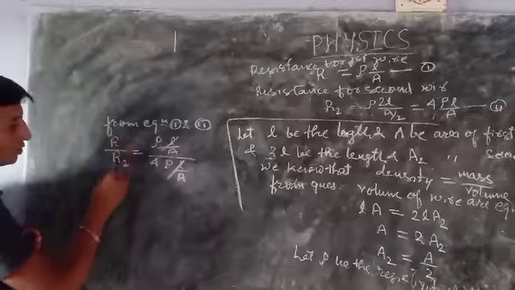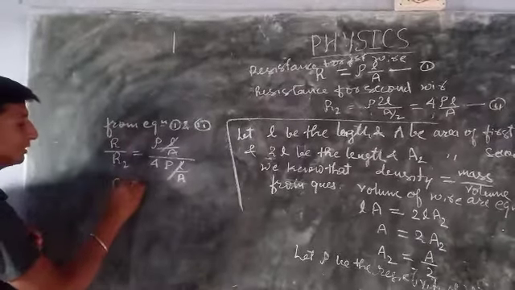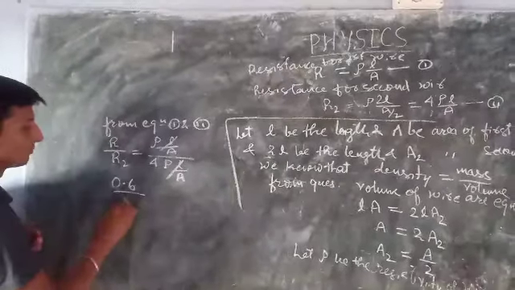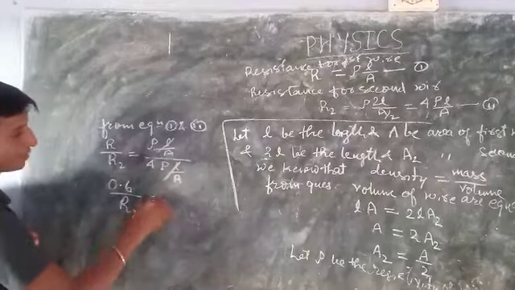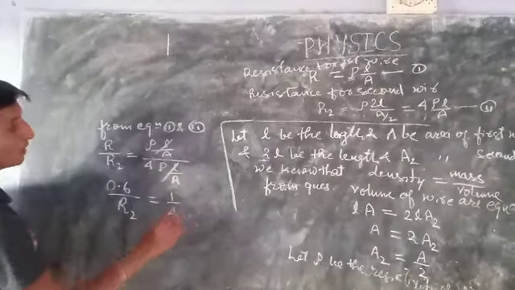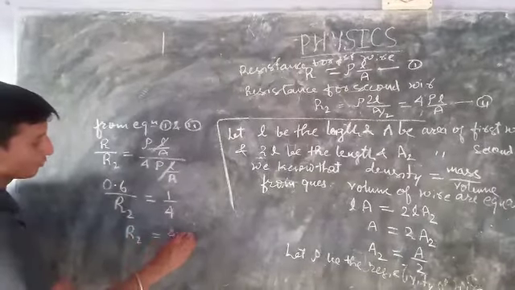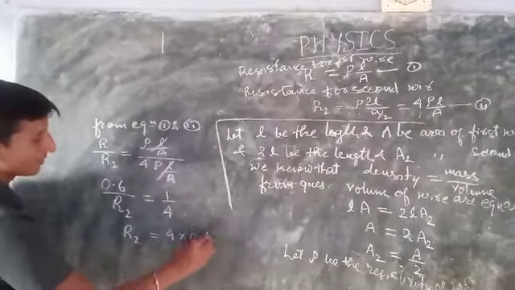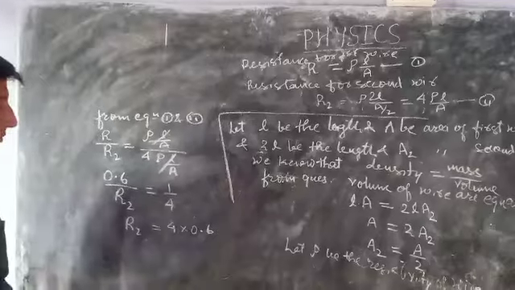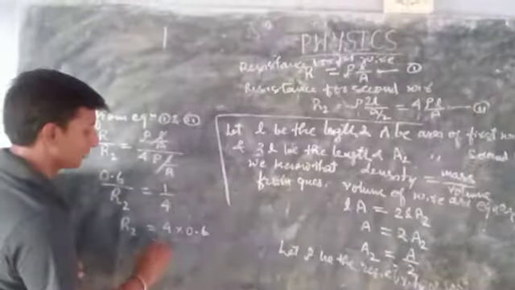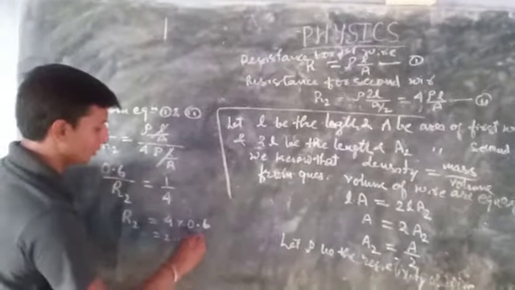The resistance of the first wire is given in the question. We have to calculate the resistance of the second wire, R by R2 is equal to 1 by 4. So R2 is equal to 4 into 0.6, that is 2.4 ohm.